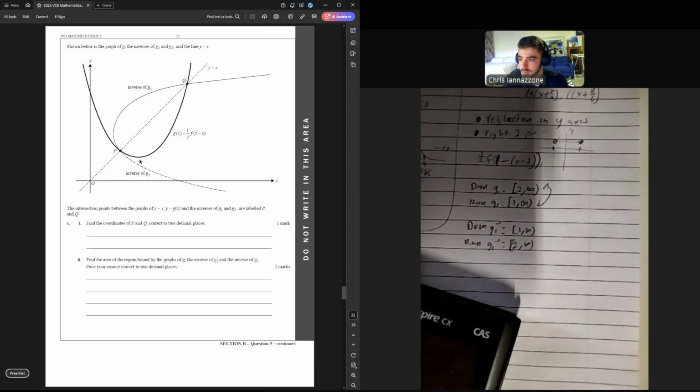But anyway, P and Q are just the intersection points between our inverses and g. And so what we have to do is figure out how to find those intersections.